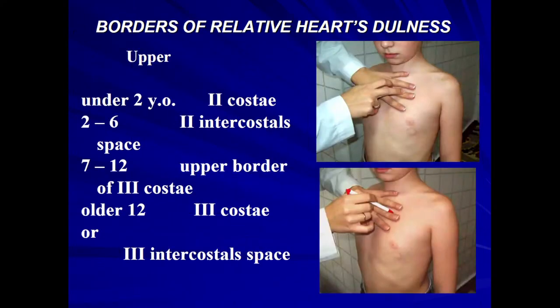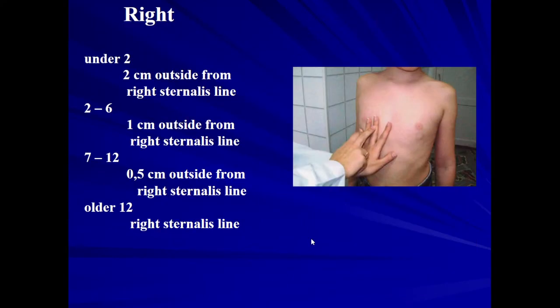In the first picture, you can see how relative heart dullness is determined by percussion. According to different ages, we have different upper borders. It's the right border also.